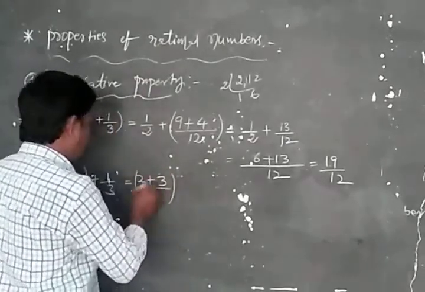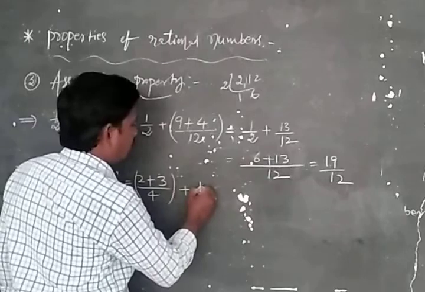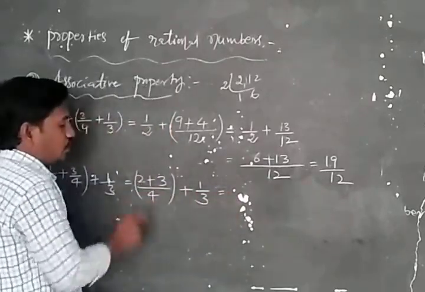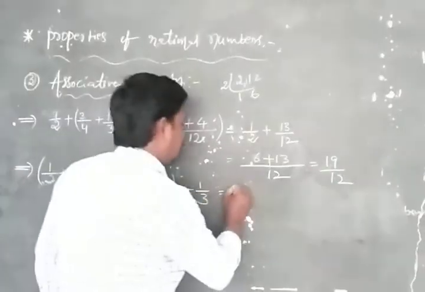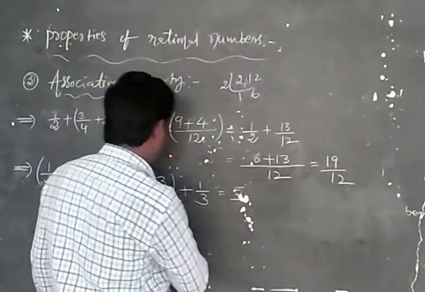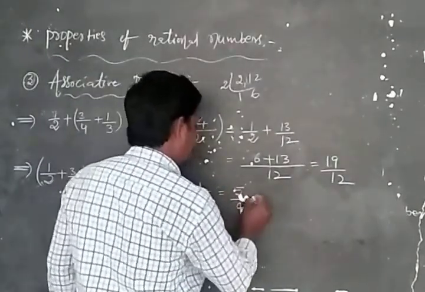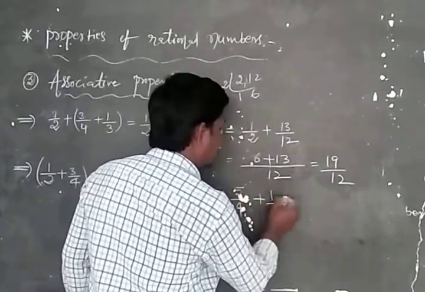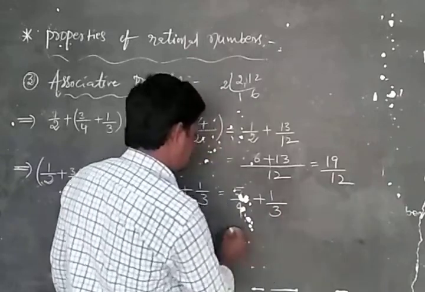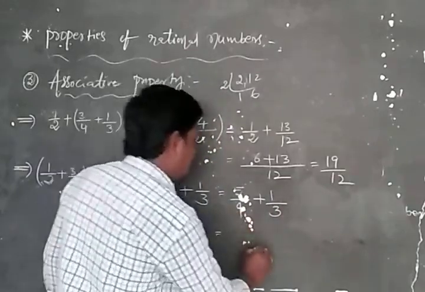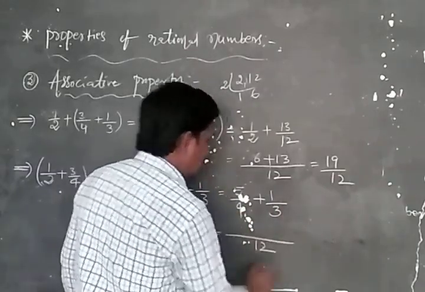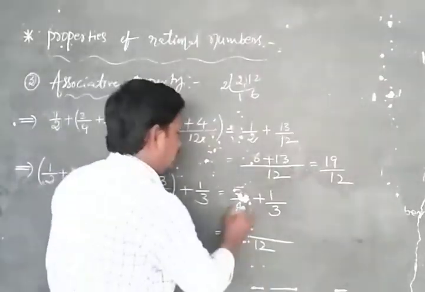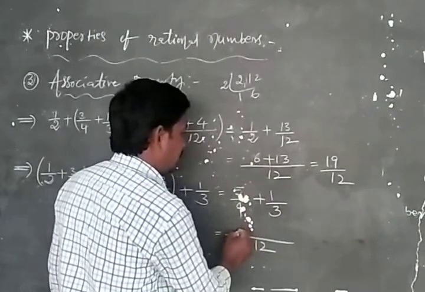Now 2 plus 3 is 5. So 5/4 plus 1/3. What is the LCM? 12 is the LCM. If 4 becomes 12, we have to multiply by 3. 5 3s are 15.